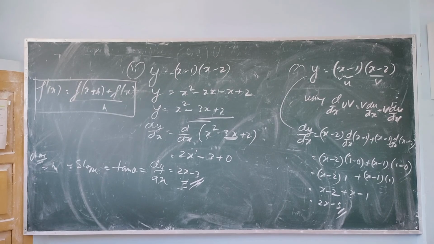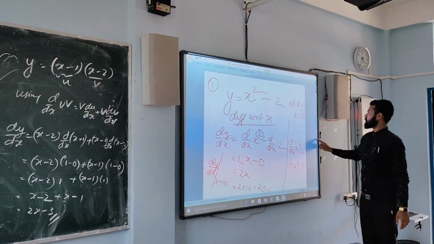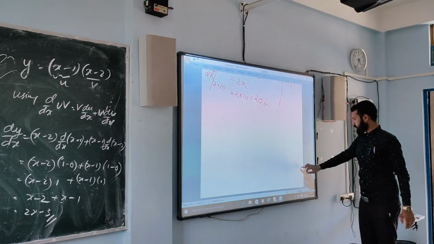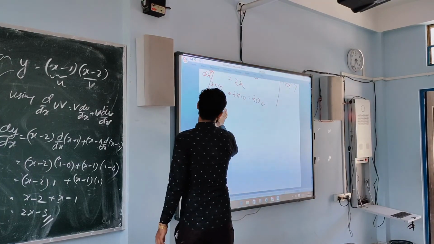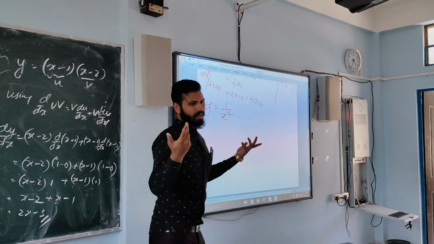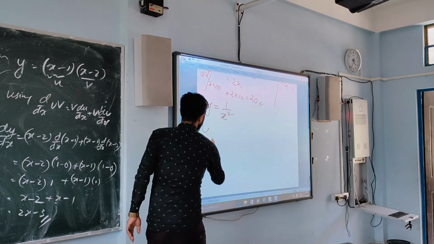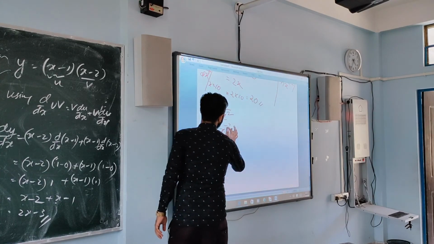So let us see what the question is: 1 by x square. y is equal to 1 by x square. There are many ways: either you use u by v, or you can write y as x to the power minus 2.